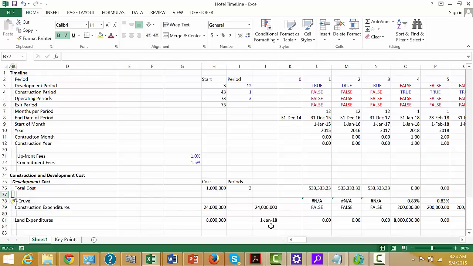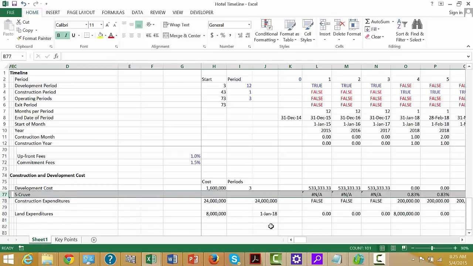This is our construction and land. I don't like this. Okay, and then we can just leave that.